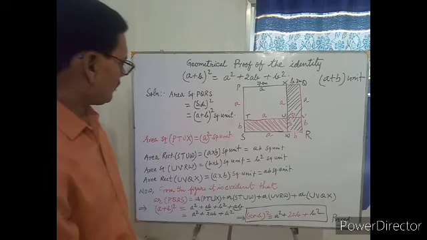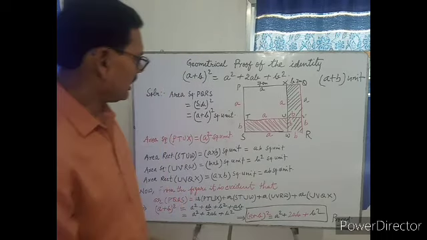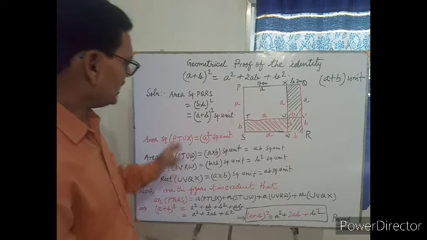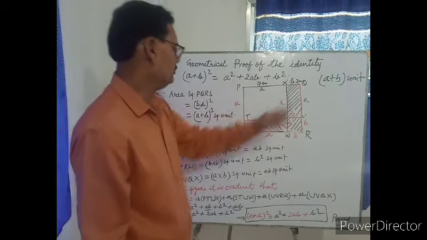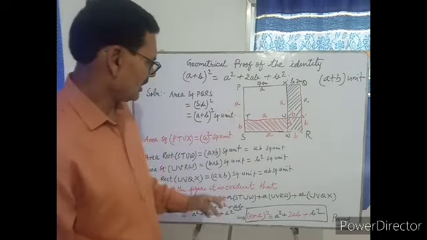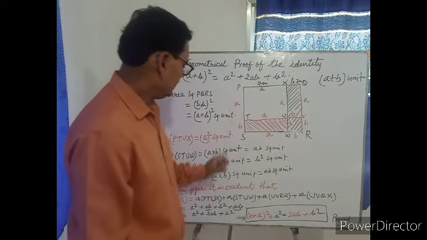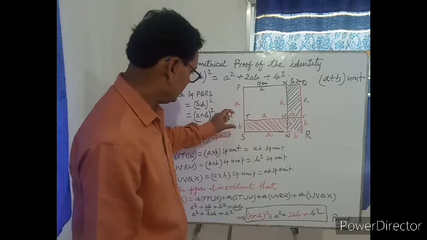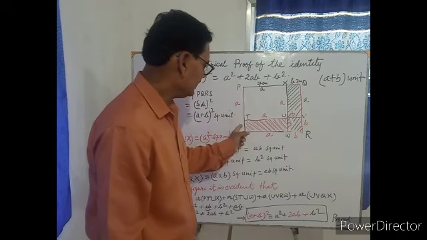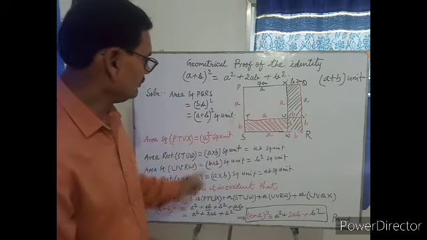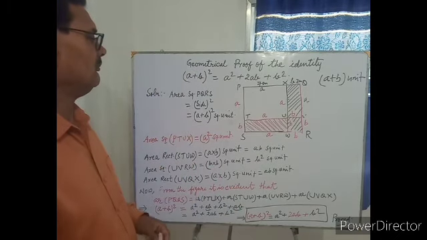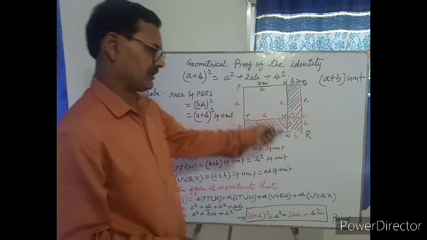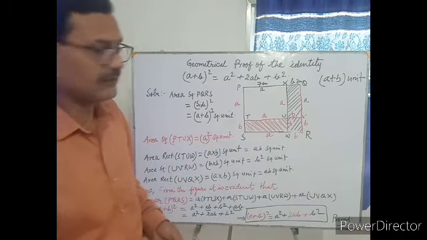Again, from the point T, let us draw a line segment TV parallel to PQ or SR. In this way we are going to have four figures.